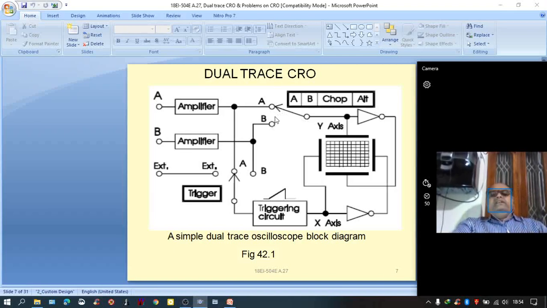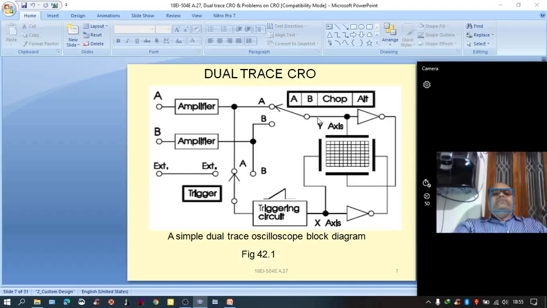You can select either channel A input or channel B input. Now here you can see on the front panel of the CRO, you have a slider switch having four different positions corresponding to channel A selection, channel B selection, chop mode selection, alternate mode selection.